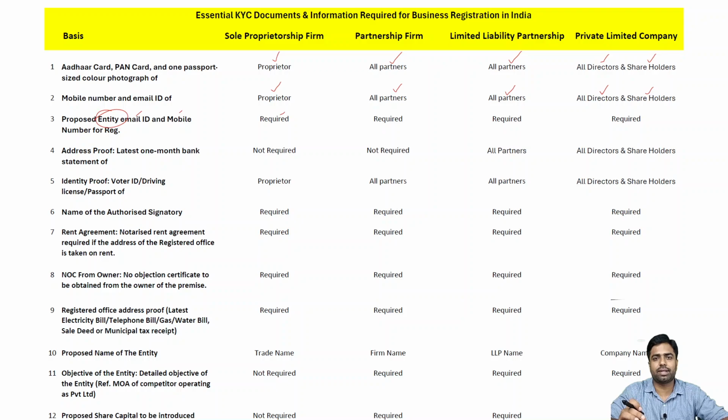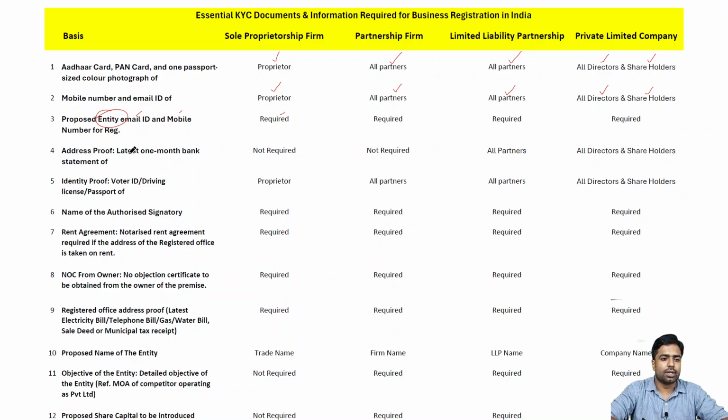You just check one email ID and you are up to date; if there is any communication or intimation from the department, you will know immediately, and you can reply also. Otherwise you will get confused, since everybody nowadays has 3 to 4, 5 email IDs. When you start a business, keep one email ID, get that registered, and check it often so that you are updated if any communication is sent.